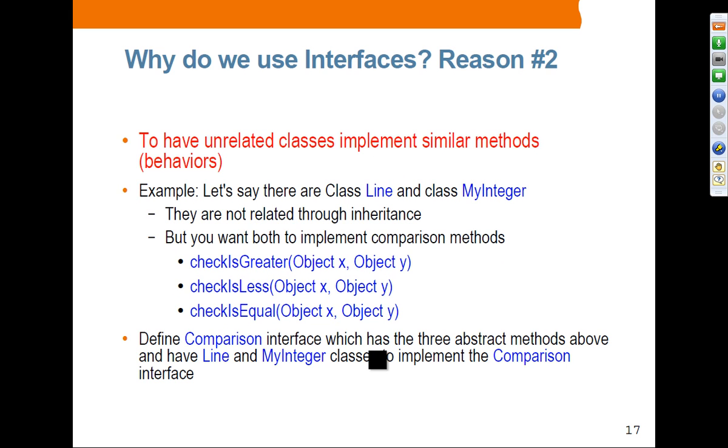Reason number two, you could have unrelated classes implement similar methods using an interface. Let me give you an example. By the way, one thing I have not emphasized enough in Java inheritance is that a Java class can inherit from a single parent.